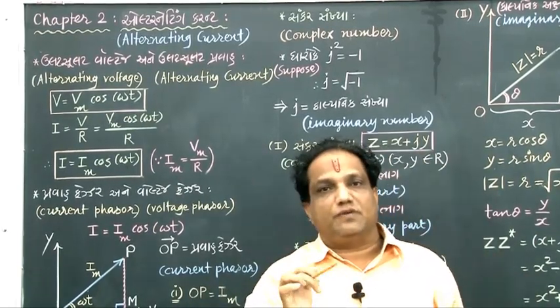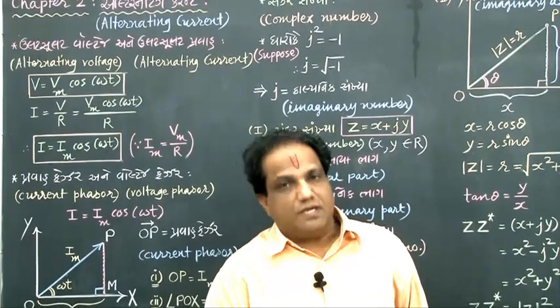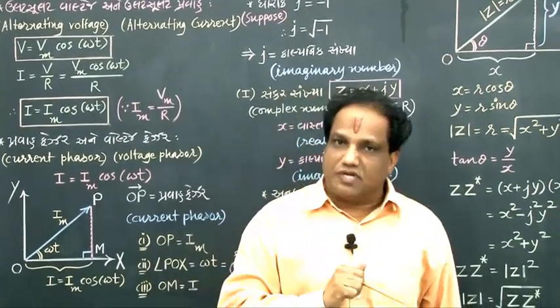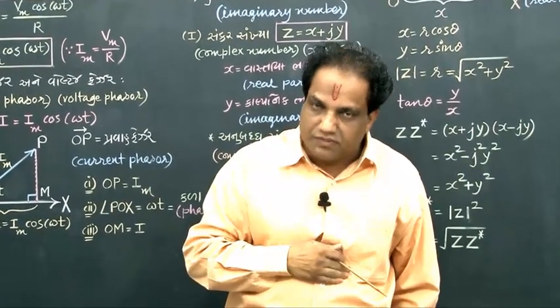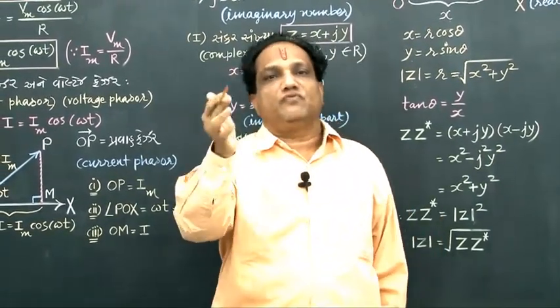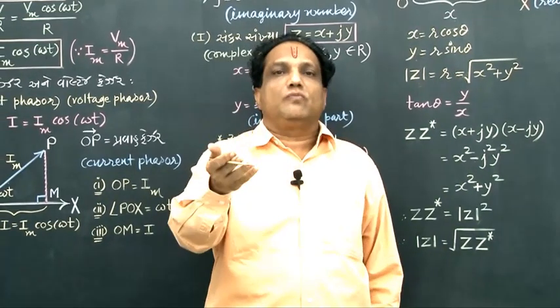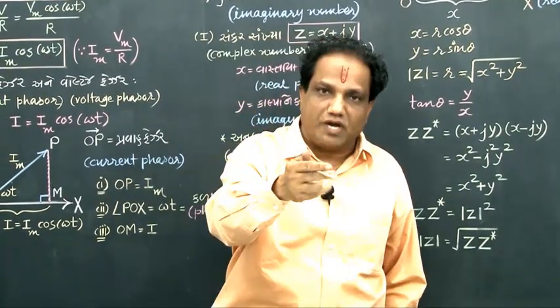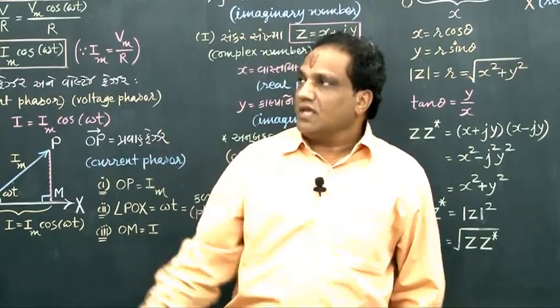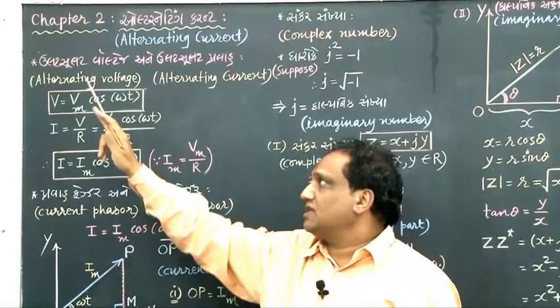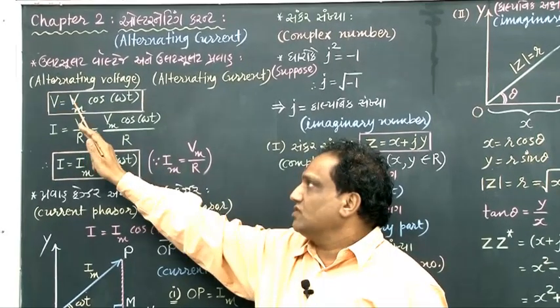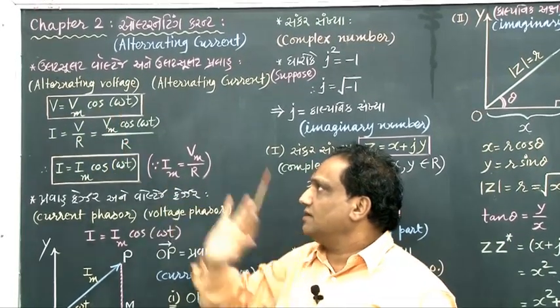It should change periodically, correct? But along with sine function, you know cosine function is also periodic function. So you may use V equals to Vm sin omega t, or you may use V equals to Vm cos omega t, no problem. We just go according to textbook. Okay, in textbook they have started with this equation V equals to Vm cos of omega t.